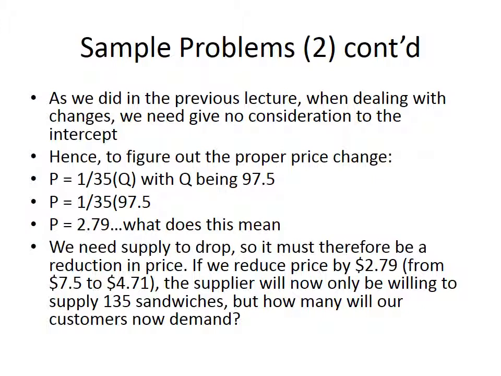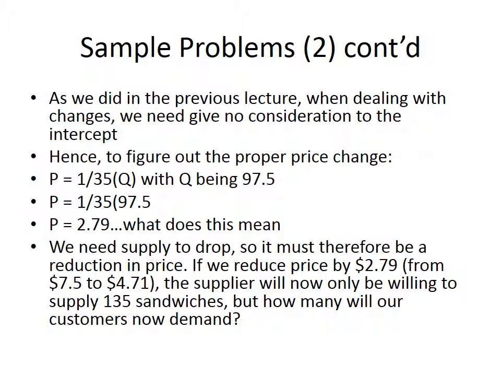Now, what does this mean? Again, we don't want to get lost in the math. This means that we need to drop the price by $2.79. If we drop the price by $2.79, the supplier, the restaurant, will be willing to supply 97.5 fewer fish sandwiches.